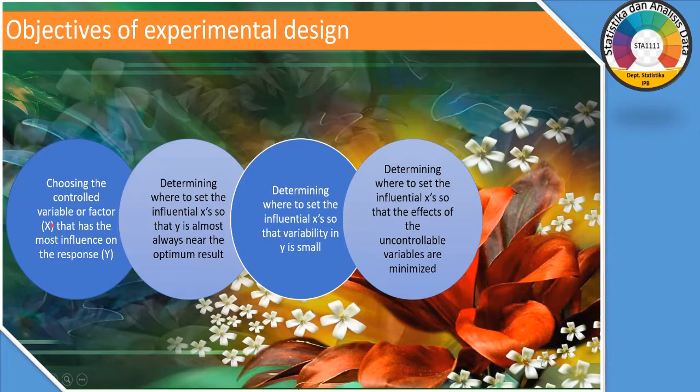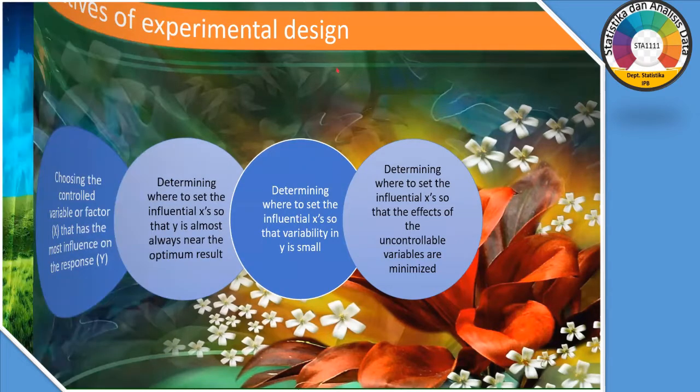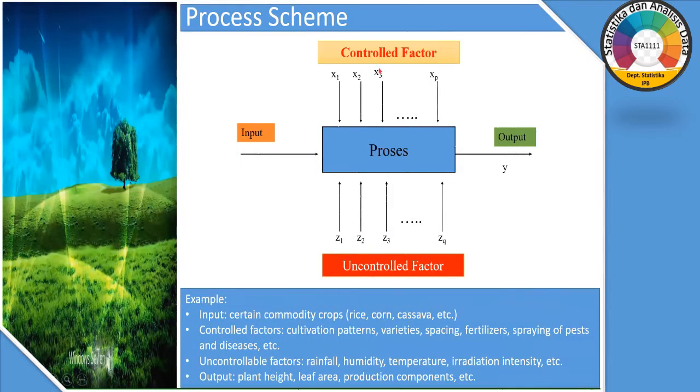So we need to determine the control factors that may have the highest influence on the response variable. Of course, perhaps you will have many X, right? You will have many control factors. After conducting the experiment, you will be able to select, out of these control factors, the most important factors.